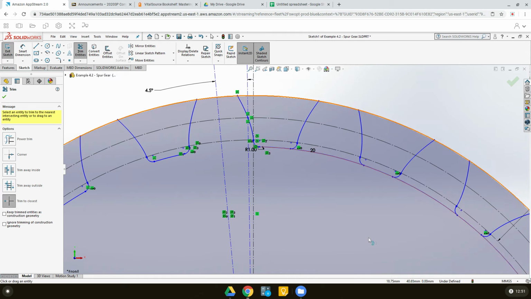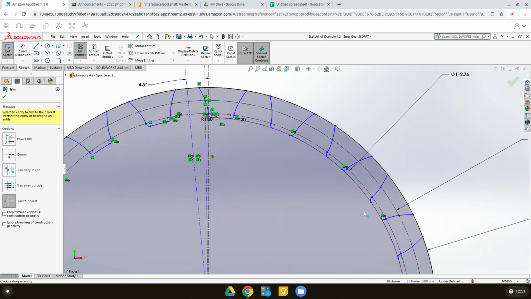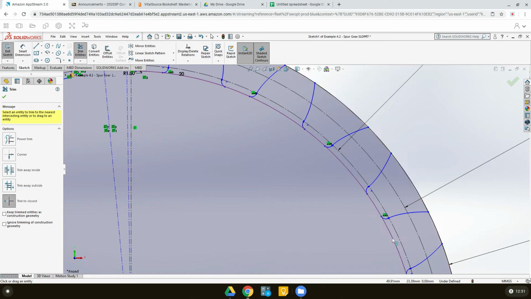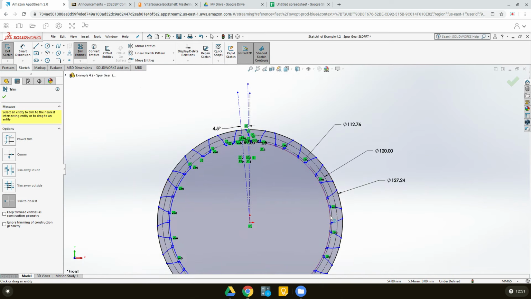Okay, so seems to have some issue. Okay, let's see. It's chopping the whole thing. Let's see what we can do.